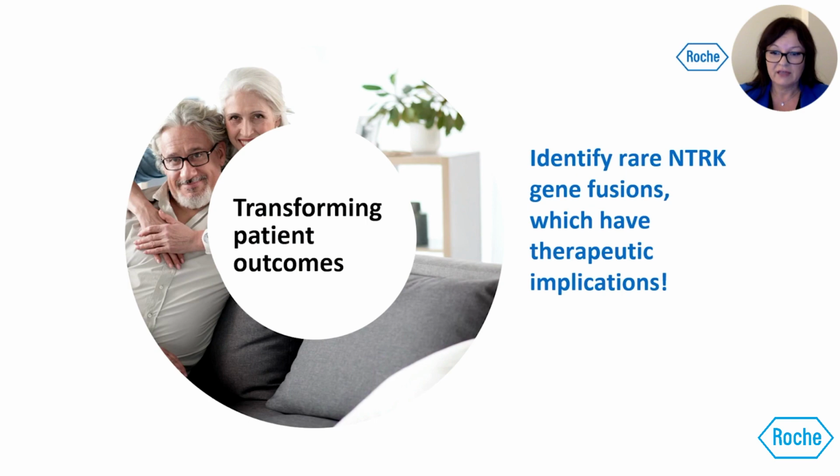Identify rare NTRK gene fusions which have therapeutic implications. Finding patients with NTRK fusion is difficult. For metastatic advanced sarcoma that cannot be surgically excised, prognoses are very poor due to the difficulties finding optimal treatments.